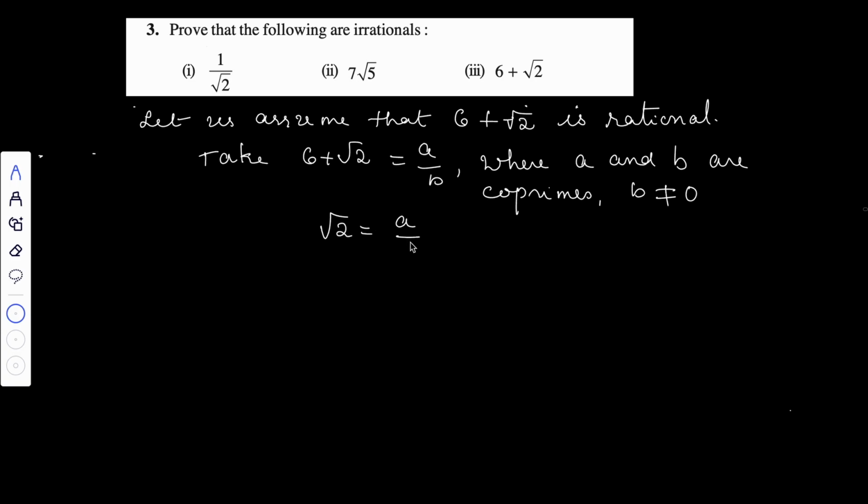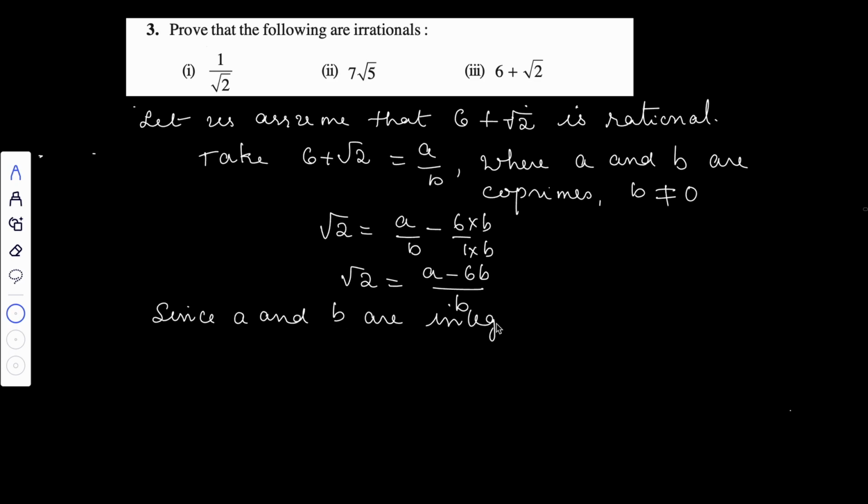Root 2 is equal to a by b minus 6. Take LCM, into b I'll multiply here. So we are getting root 2 is equal to a minus 6b by b. Since a and b are integers, a minus 6b by b is rational. This gives root 2 is rational.